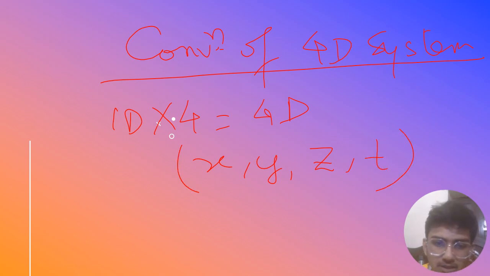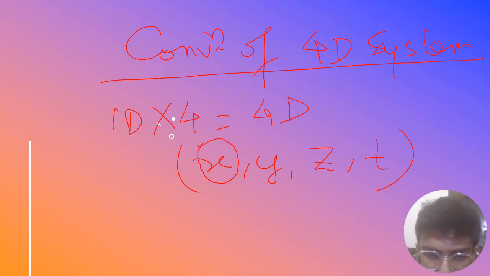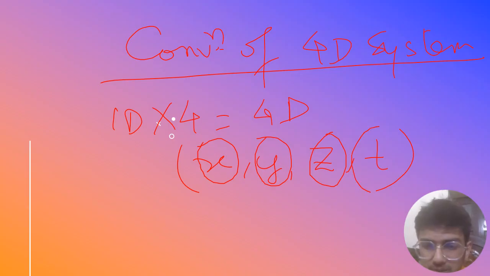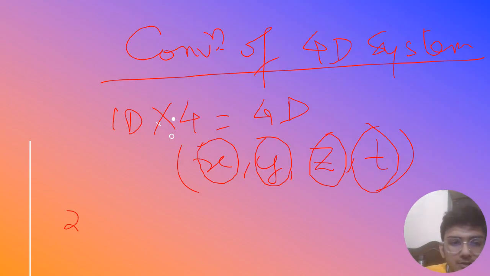And these four, you can see each as a separate 1D system. So when we combine these four 1D systems, we get the 4D system. Okay, or you can get this by 2D plus 2D also.